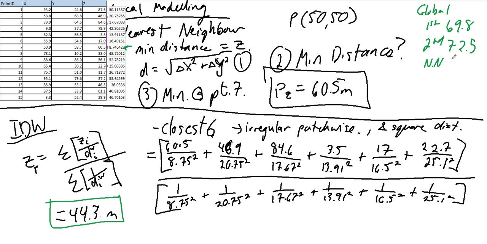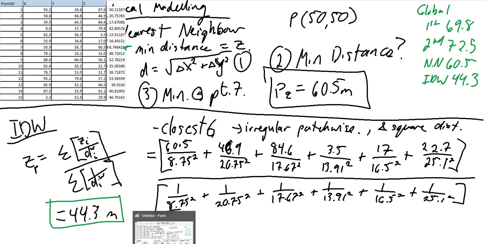Nearest neighbor is 60.5, and my IDW is 44.3. Which one of those is correct? Of course, we said that the global models weren't showing up very accurately, so we figure, okay, well, that's out. But the nearest neighbor is pretty close, so that probably would make more sense. But the IDW is really much lower. So is this an outlier, or is it actually accommodating for all the error that's in here?